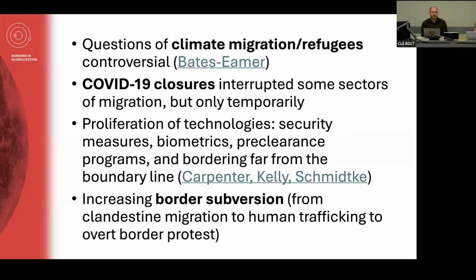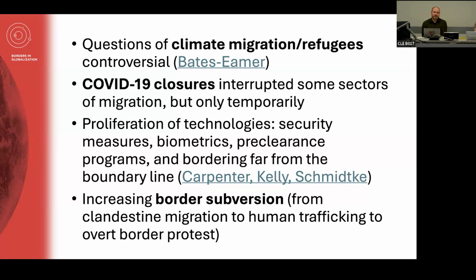So we're seeing bordering happening. Bordering is the act of establishing a border or determining which jurisdiction an individual falls under, and it is happening very far from the borderline. Think about if you've ever been on an international flight, they start handing out those immigration and customs cards while you're still in the air. If you're on a cruise line, well before you arrive at a country, you begin going through the border clearance processes.